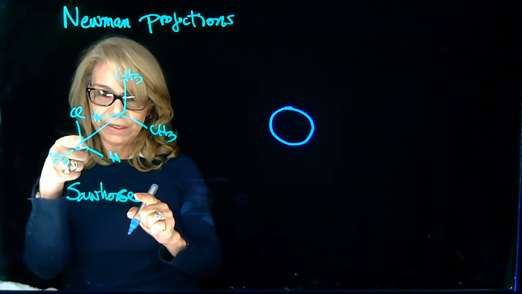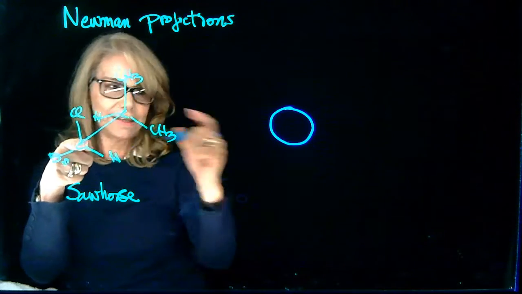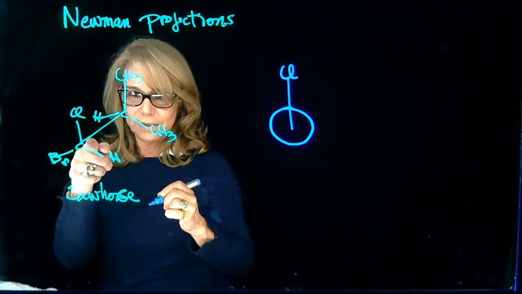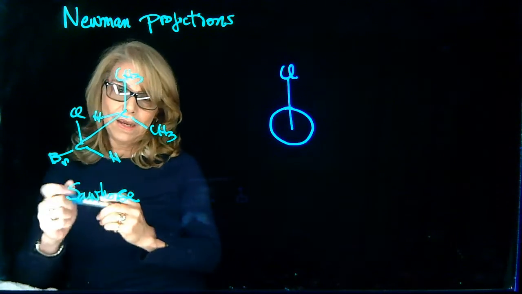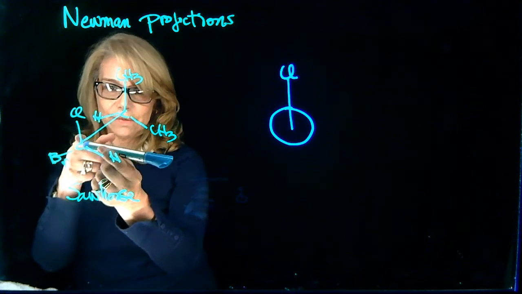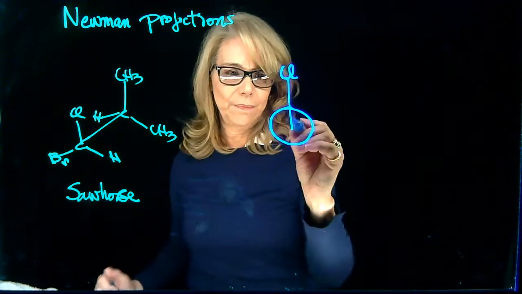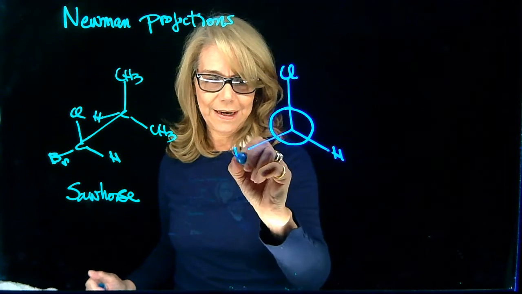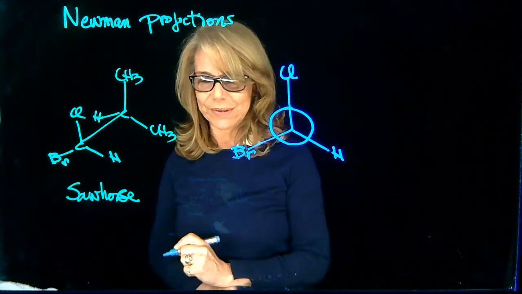So now looking at it this way, this vertical line is a chlorine. Now again, looking at it that way, I see that the H is in this direction, right? So I'm simply finishing the rotation, let's say. So now I have an H here and a bromine on the other side.